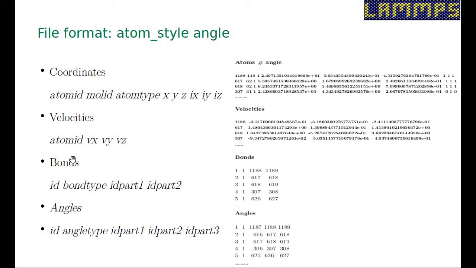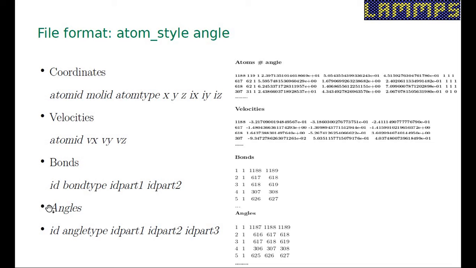Then the bonds. The bonds are specified as we explained previously by using a bond ID, then the bond type, and the IDs of the linked particles, particle 1 and particle 2.